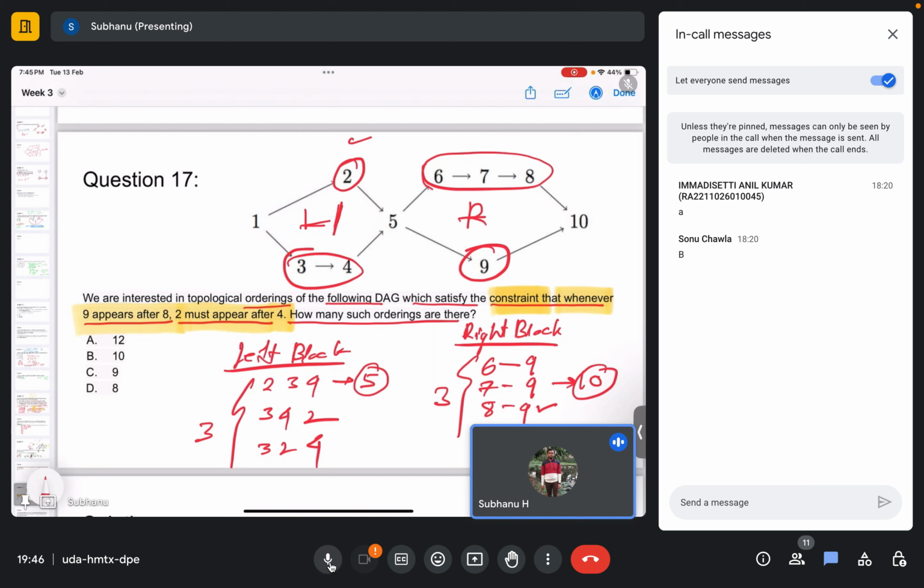These are the cases. So remember the constraint, that whenever 9 appears after 8, 2 must appear after 4. So this situation will not be possible. 2 must appear after 4, but 2 will be at the last. So this is right, this is wrong. So this is our constraint list.